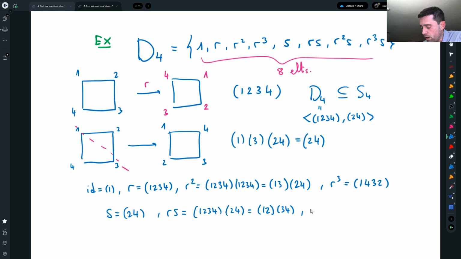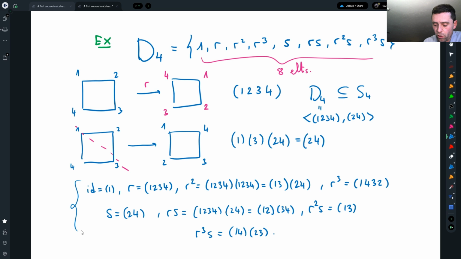So check that part. R squared S is in fact just 1, 3. And R to the 3S is 1, 4, 2, 3. So if you put all of this in a set, this is D4 represented as a subgroup of S4.